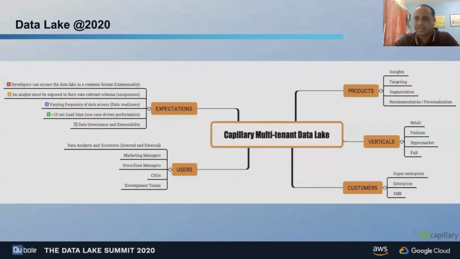While there are commonalities between these verticals, there is also uniqueness within each vertical. Each vertical differs from the others in some ways. So the way a marketer in a retail vertical will understand a data lake versus a marketer in hypermarket would differ. There are nuances between these verticals, which adds to the complexity.